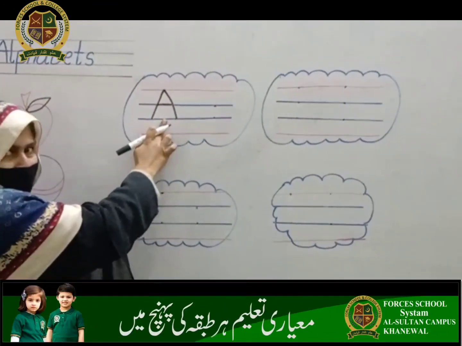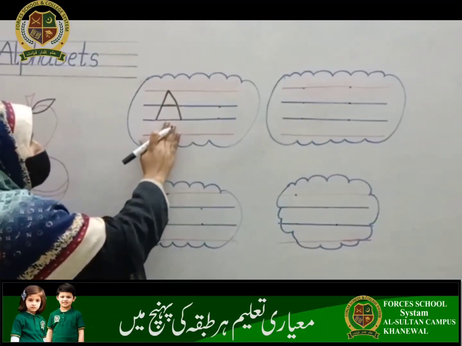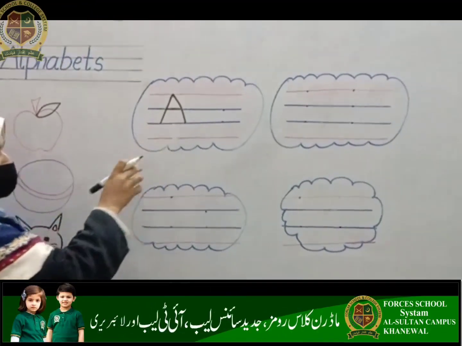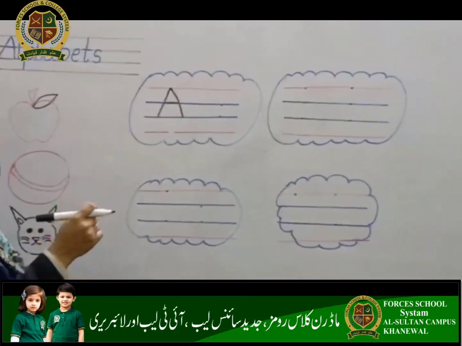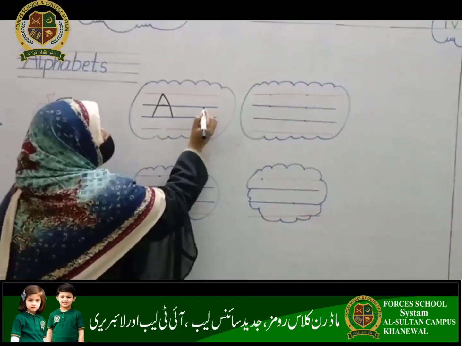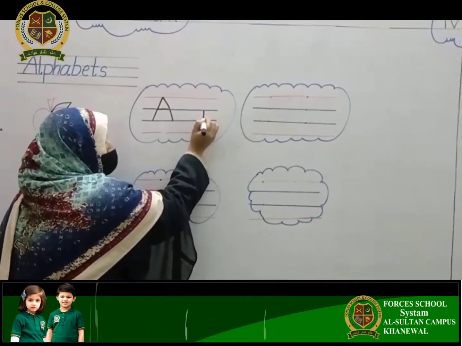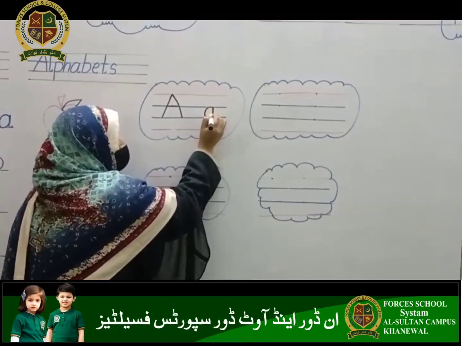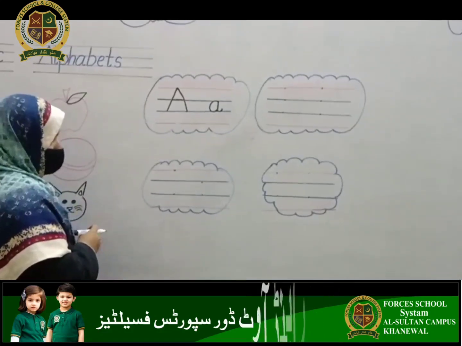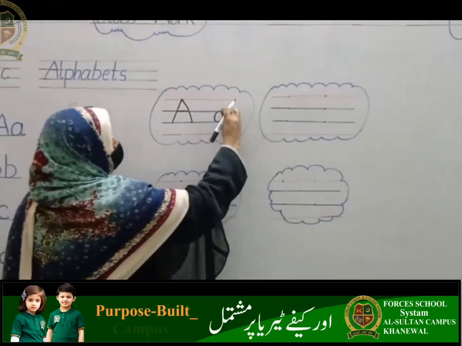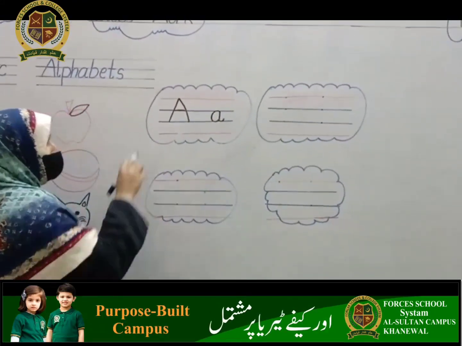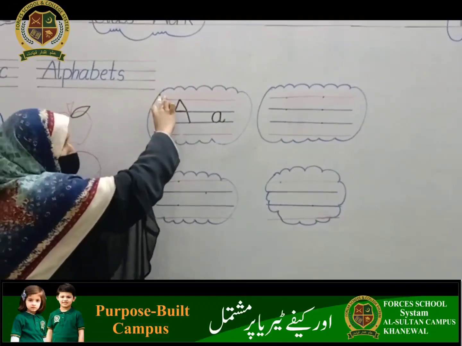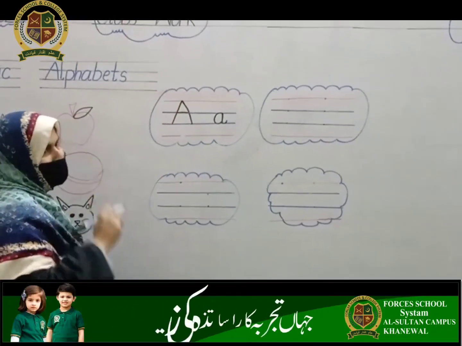This is A. This is big A. And this is small a. Small a right, middle two lines, and big A white on upper three lines.